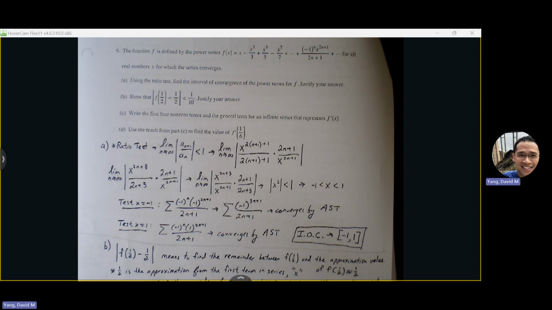Part A, you start off with the ratio test. Find your potential interval of convergence. Test your endpoints to decide whether you're going to include or not include them.